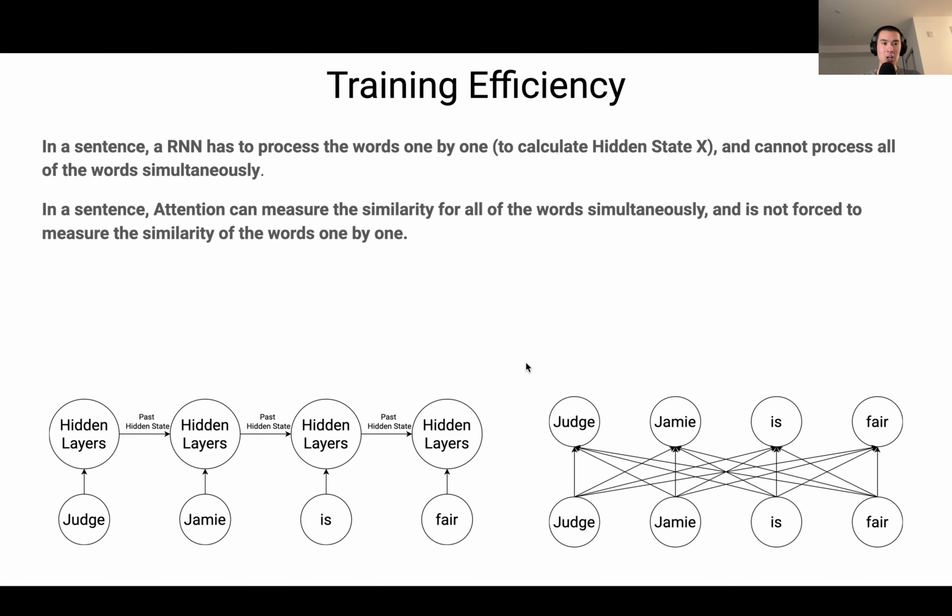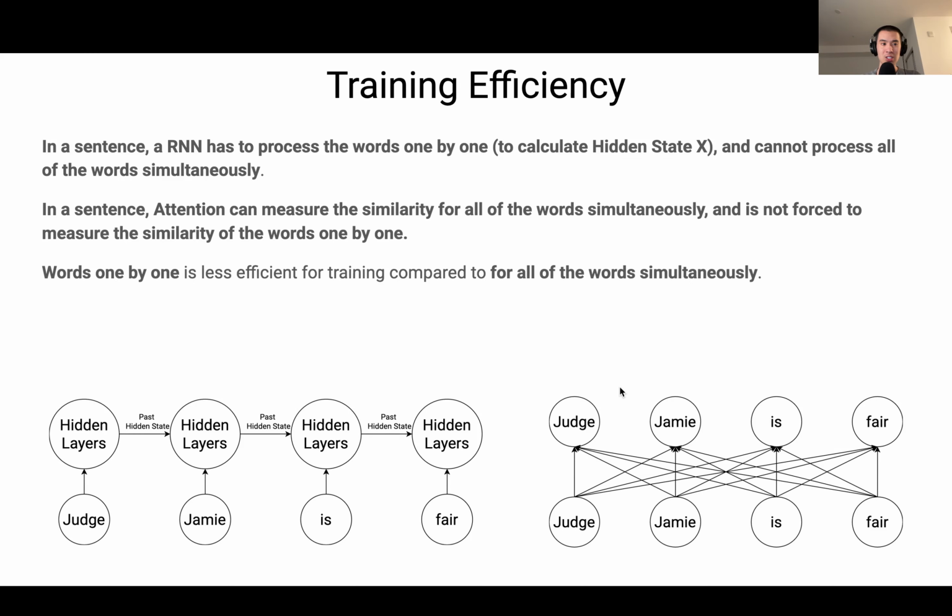So again, a RNN has to process the words one by one. So for Judge Jamie's fair, because we're doing all these hidden state calculations, the RNN has to process the words one by one, whereas attention can measure the similarity for all the words simultaneously, as you can see here, 16 attention weights. And obviously, words one by one is less efficient for training compared to all the words simultaneously.